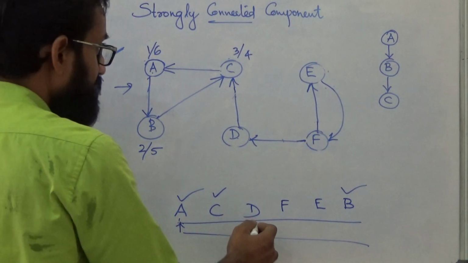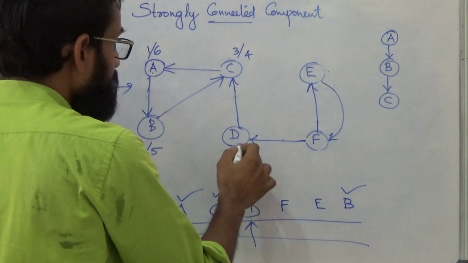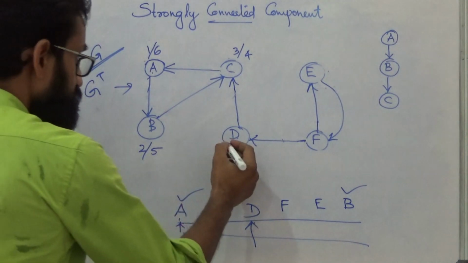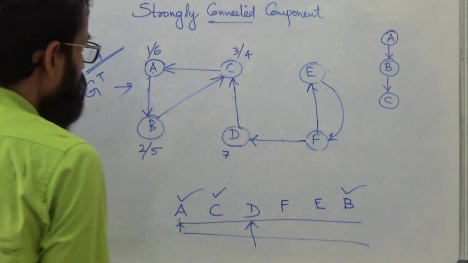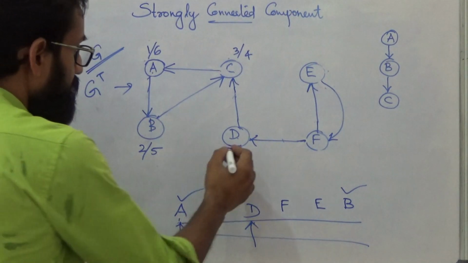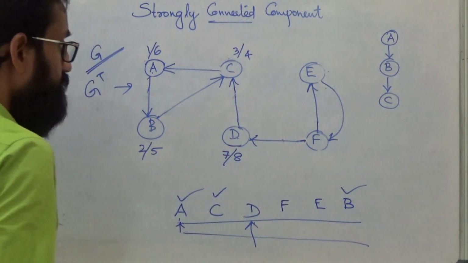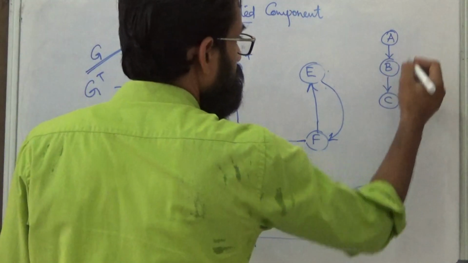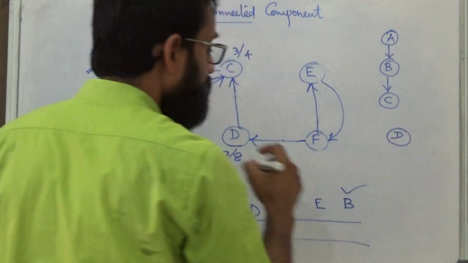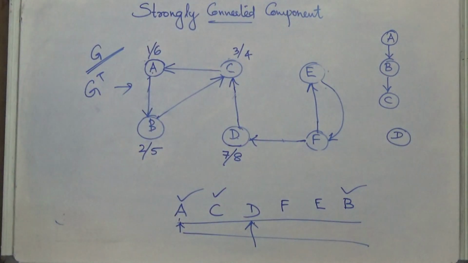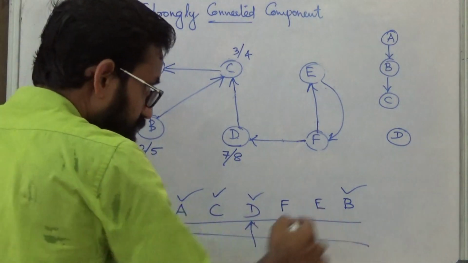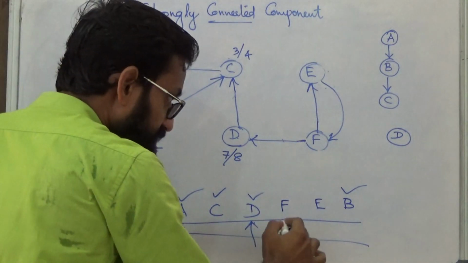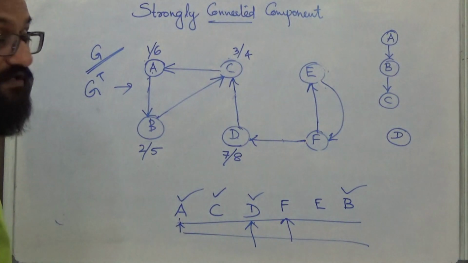Now in this sequence you have to pick the next unvisited vertex and start the DFS procedure. The next unvisited vertex is D. From D, if you start DFS visit, at time t equal to 7 you will be visiting D, and at time t equal to 8 you will be finishing D. So you will get another tree with a single node, that is D. Now from this sequence, take the next unvisited node and call DFS visit.